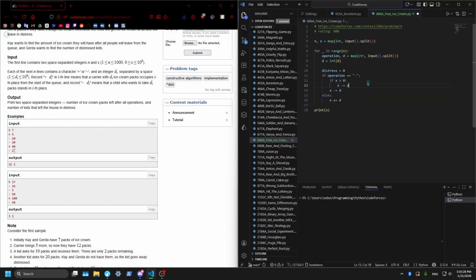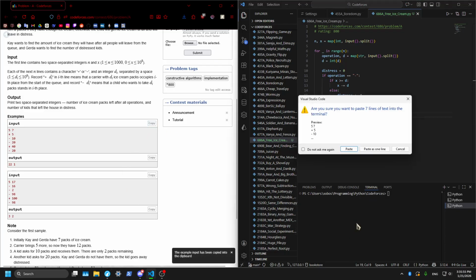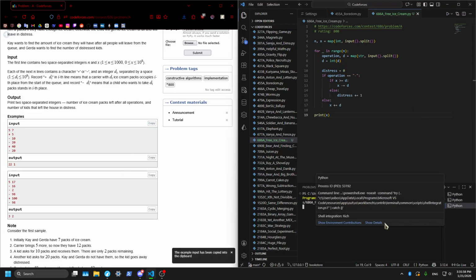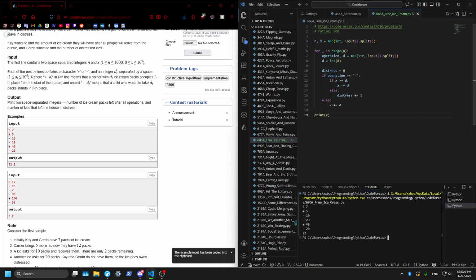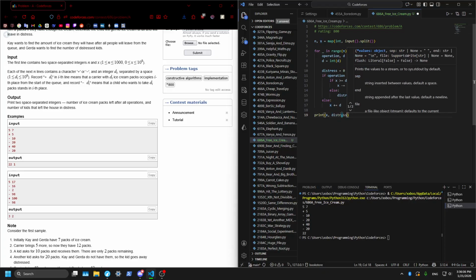Wait, hold on. X is greater than or equal to d, x minus equals d, else distress plus equals 1. Remove this. Okay, there we go. Print x distress.